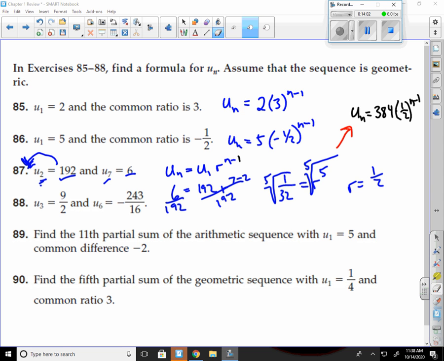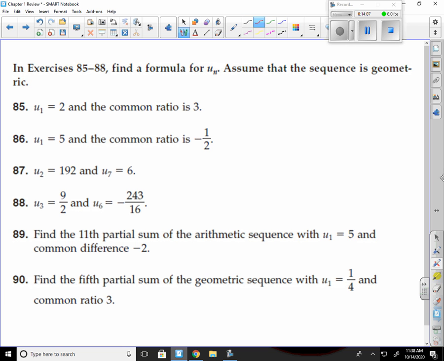Let's do another practice problem with number 88. I have u sub 3 equals 9 over 2. U sub 6 equals negative 243 over 16. So in order to do that, I plug negative 243 over 16 into the left side, equals 9 over 2 times r to the 6 minus 3.